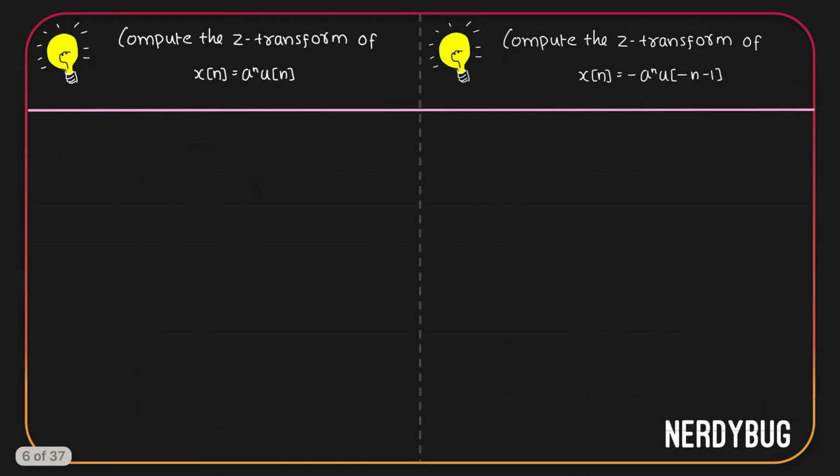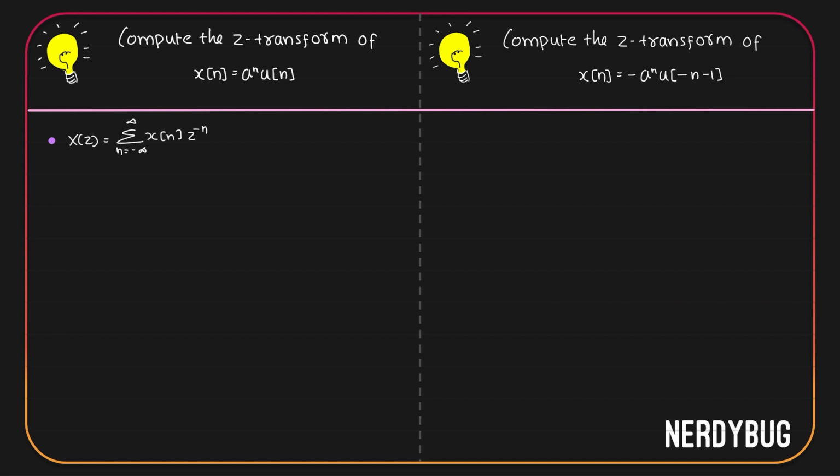Let us solve a problem now. Well, there are two problems. Let's take the first one. We have to compute the z transform of x of n, which is a raised to n u of n. We know X of z is given by summation from n equals minus infinity to infinity x of n z raised to minus n.